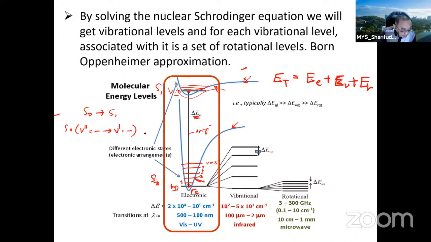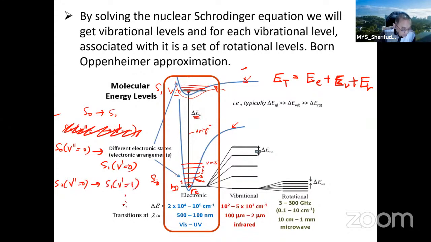Sorry, hold on. Forget about this. It's like this: S0 at V double prime equals, say, 0, goes to S1, V prime equals 0. You can also have S0, V double prime equals 0, going to S1, V prime equals 1, and so on.